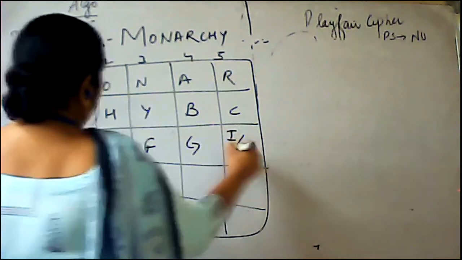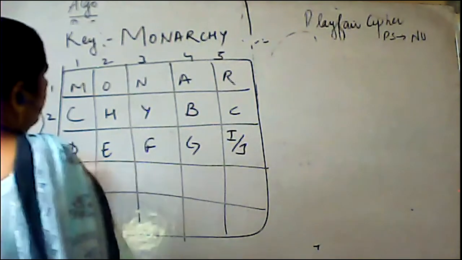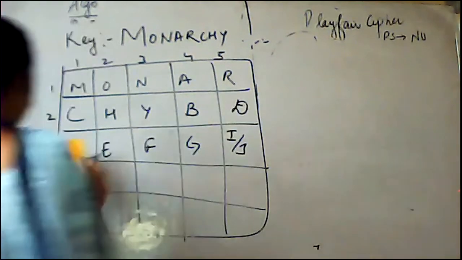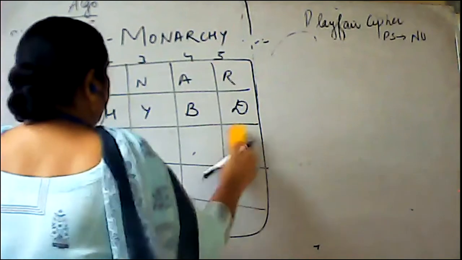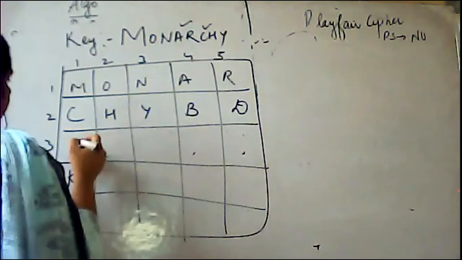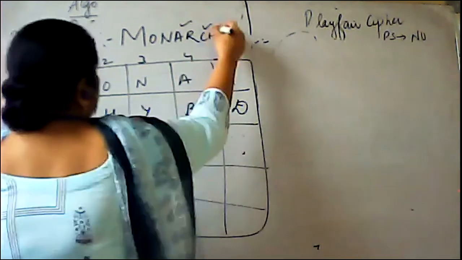I, then J, then K is not there. Okay, C is there. Sorry, I did it wrong. D, H is there.